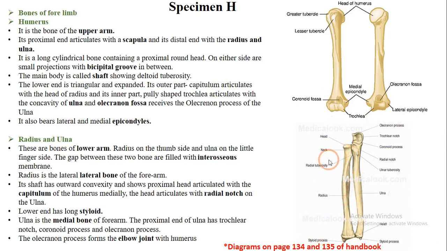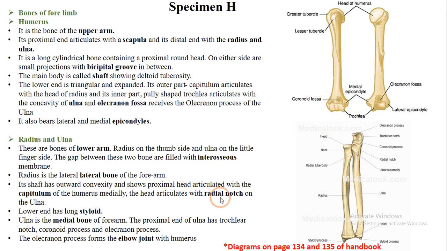Now let us see about the radius. The radius is the lateral bone of the forearm. Its shaft has an outer convexity, and it shows a proximal head. The proximal head will articulate with the capitulum of the humerus.